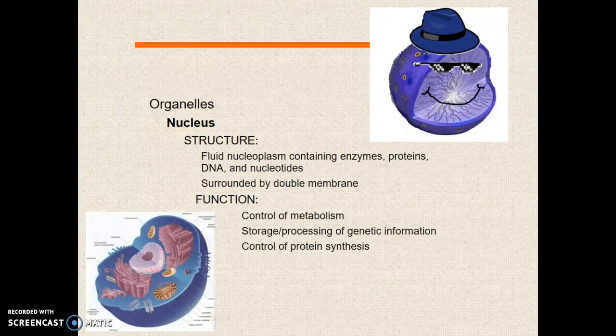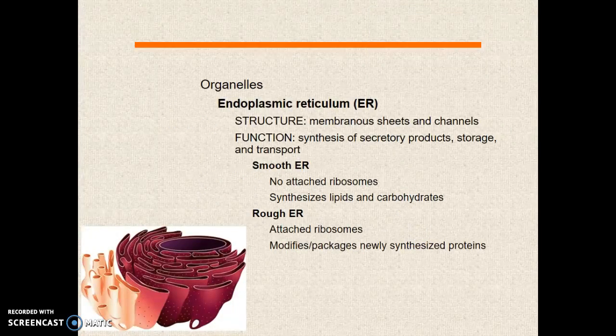The nucleus will be the largest structure in the cell. It contains the DNA, enzymes, and proteins. It, like the mitochondria, has a double membrane. The endoplasmic reticulum is associated with the nucleus, but it's a network of interconnected tubules, and on the outside of the endoplasmic reticulum will be ribosomes if it is rough ER.